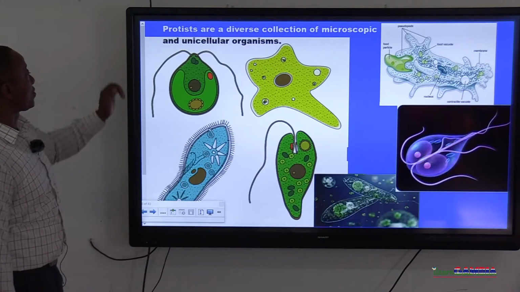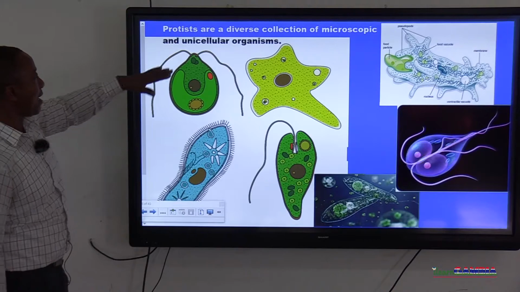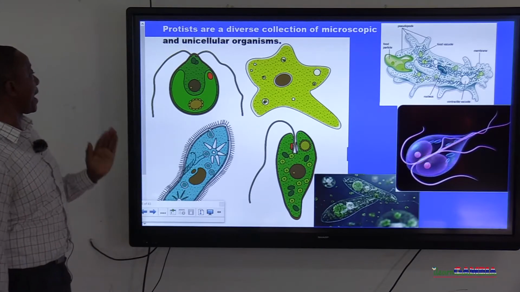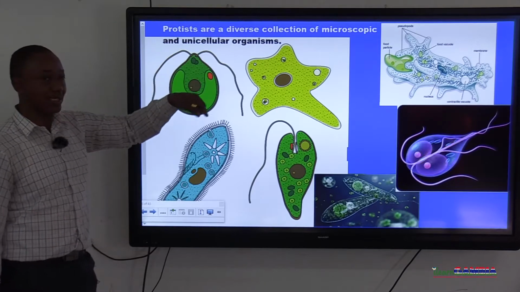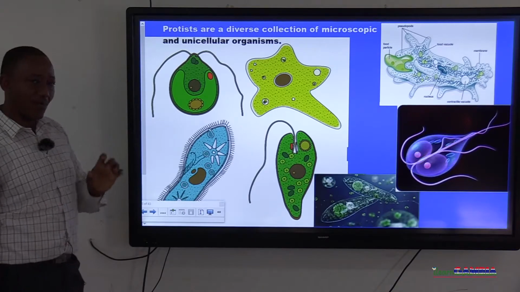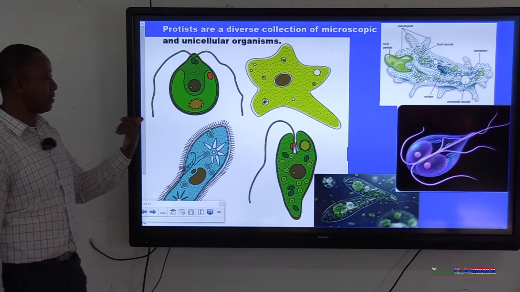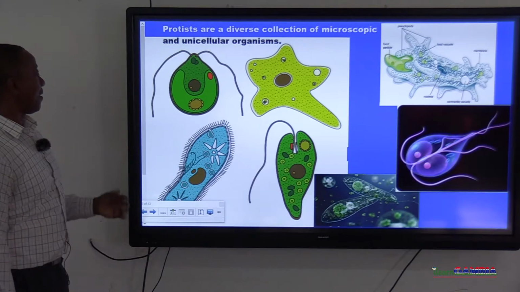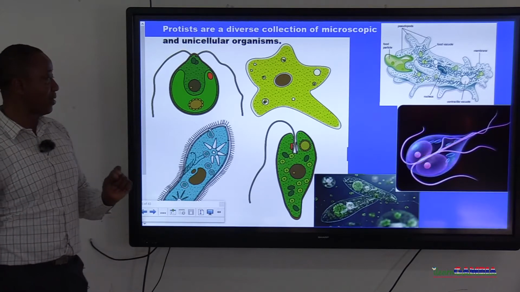And we move on to the protists. We say they are also a very big collection of microscopic and unicellular organisms. Now, this group, they're actually made up of a complete cell in that they have the nucleus, the cell membrane, and the cytoplasm, unlike the bacteria that don't have a nucleus.